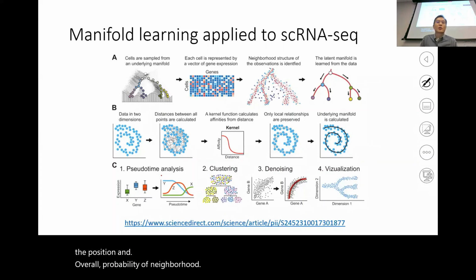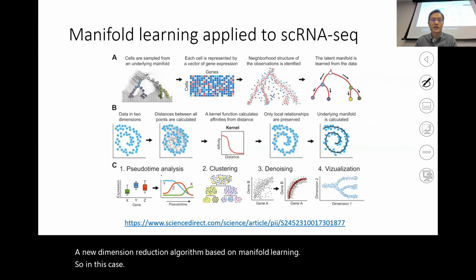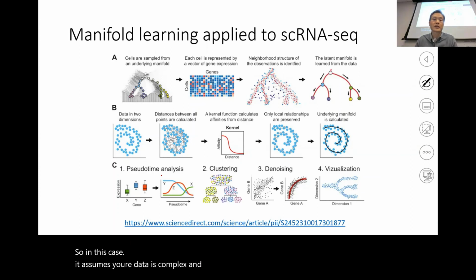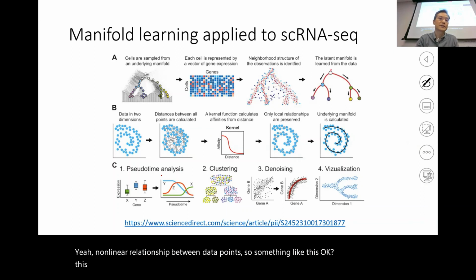Okay, so we are going to move to PHATE, which is a new dimension reduction algorithm based on manifold learning. In this case, it assumes your data is complex and there are nonlinear relationships between data points, something like this shape here.